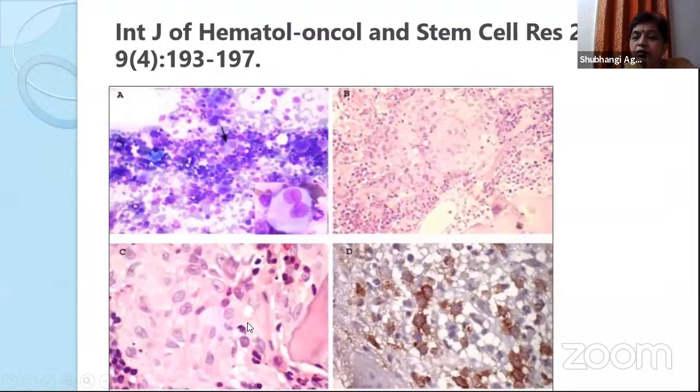So these authors have suggested that when you get a aspirate which is showing very few histiocytic-like cells, kindly subject the patients to biopsy, and biopsy should be multiple to rule out the Langerhans cell histiocytosis, because the disease process may be very irregularly distributed throughout the bone marrow. This is the CD1A, which is positive, confirming the Langerhans cell histiocytosis.